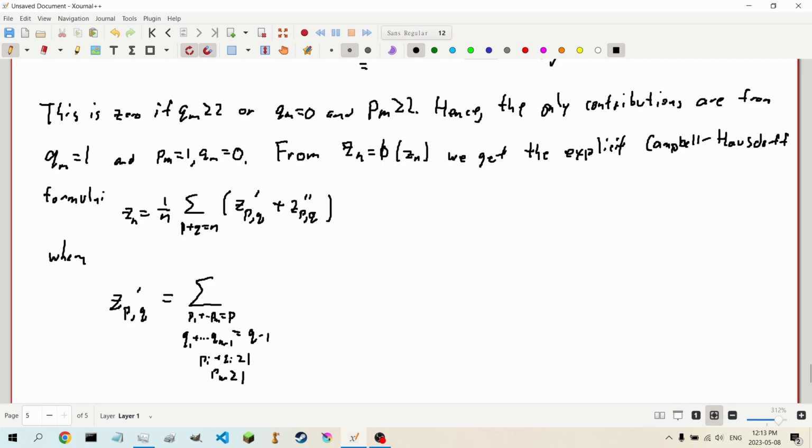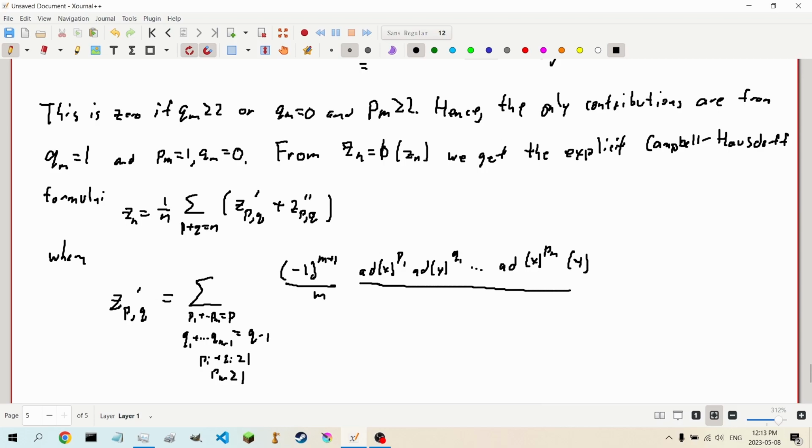You know it's going to be good when the summand looks like this and we haven't even gotten to the term inside the sum yet. Of -1 to the m plus 1 over m times the composition of the adjoints of x to the p1, adjoint of y to the q1, through to the adjoint of x to the pm acting on y, over the factorial of p1, factorial of q1, all the way through to the factorial of pm.